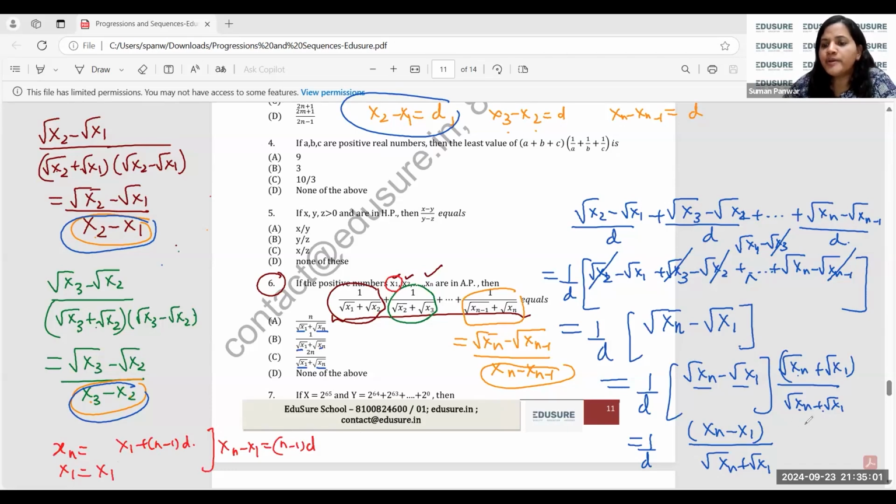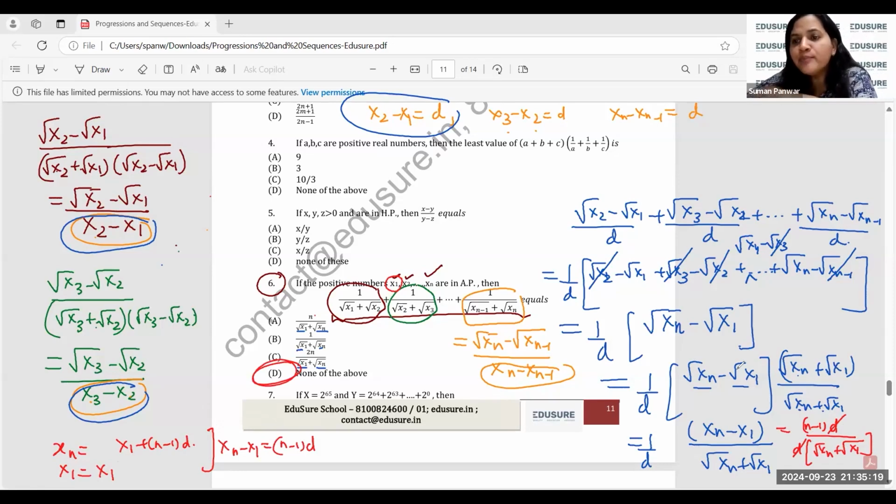So here I should be getting (n minus 1)d divided by d into (root xn plus root x1). This d and d will cancel out. So we have n minus 1 here, but we want n. That means none of the above. So this is a very beautiful application of rationalization and then using the concept of common difference.